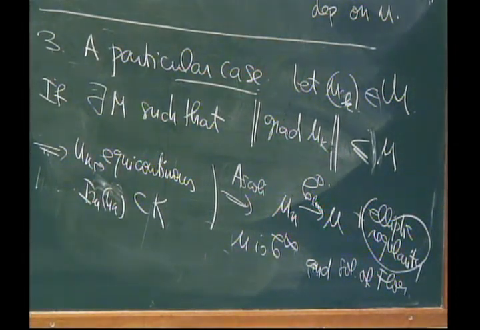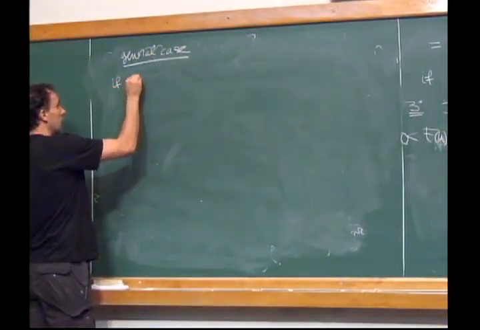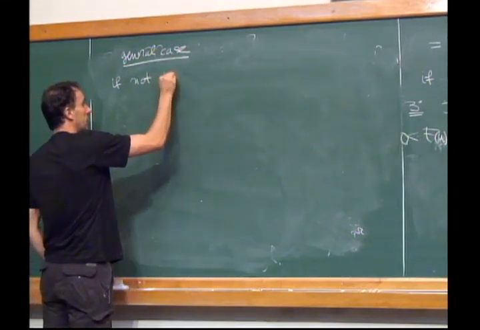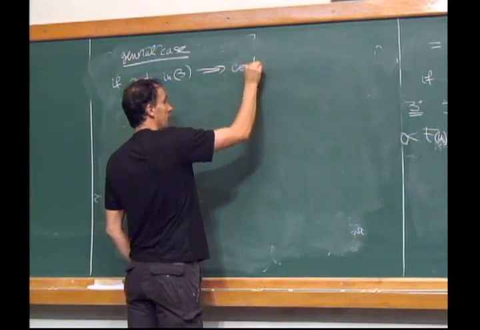Now, let me go to the proof. The general case. The idea is if we are not in hypothesis 3, then you get a contradiction.